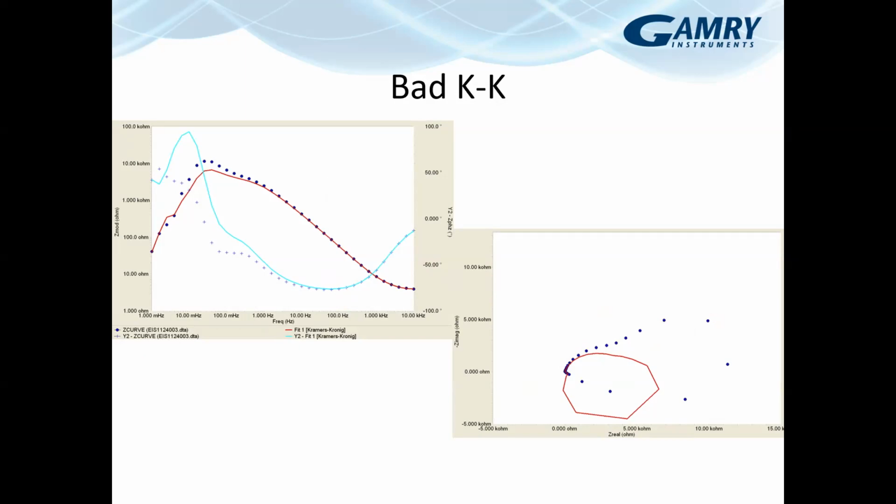Drift can also be the cause for things like this. So this is a good way to test. I should note, if you take a look on the Bode plot, it's where it starts to pull away from the phase here that it's starting to go bad. So at these frequencies down here, it's already pulled away. It's usually more obvious on both the Nyquist and on the phase component of the Bode than it is on the magnitude of the Bode.